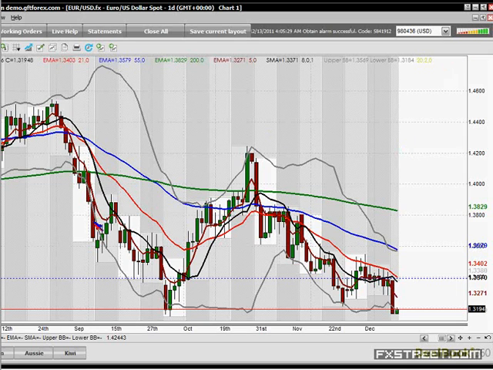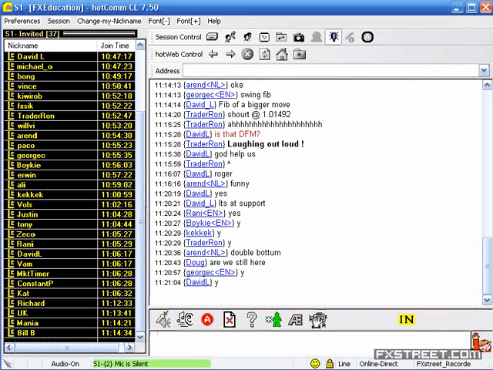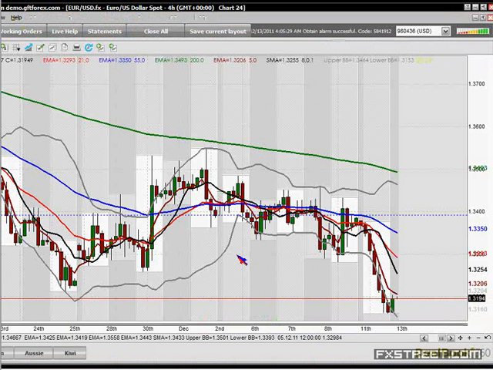Right. So, 4-hour fractal, what does that look like to you? Bearish? Bearish as anything?